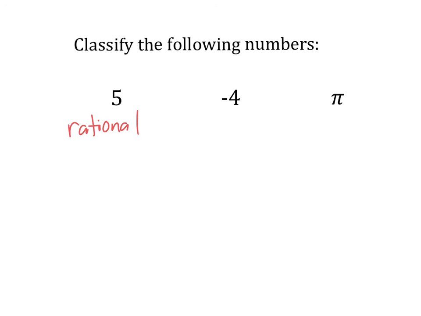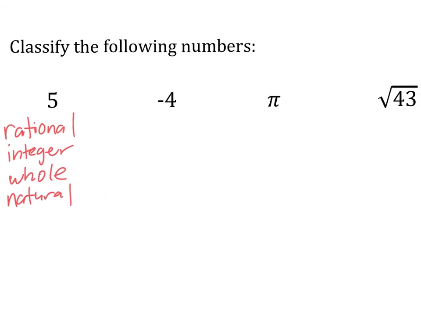Yes, it is. Then is it a whole number? Yes, it is, because it's positive. And then is it a natural number? It's not 0, so yep, it's also a natural number. So the number 5 has a lot of classifications.